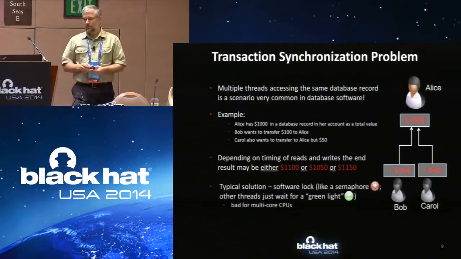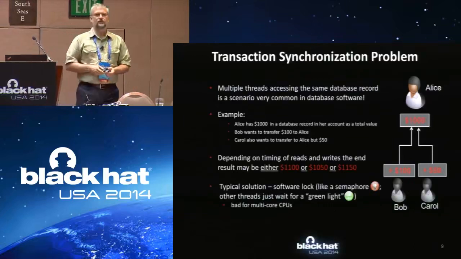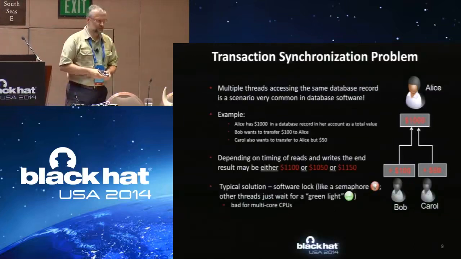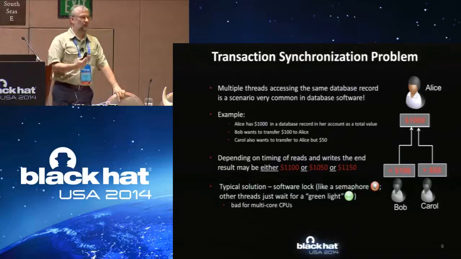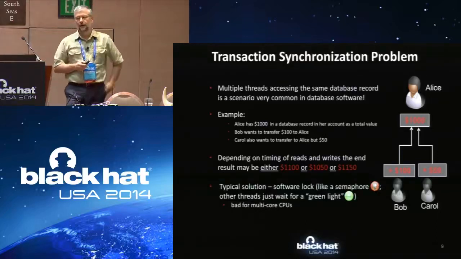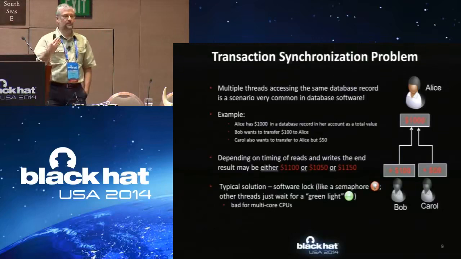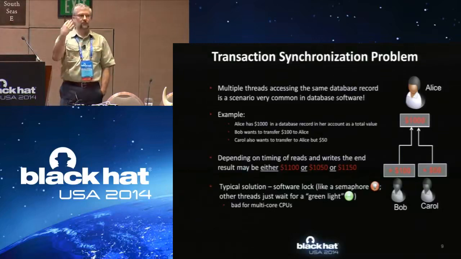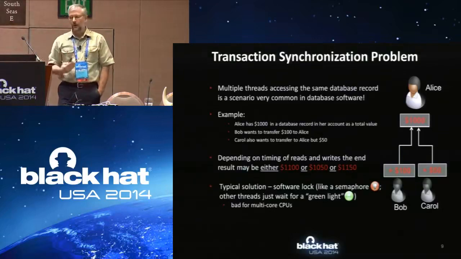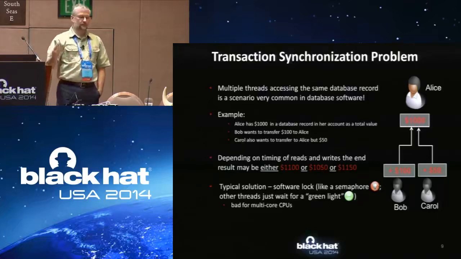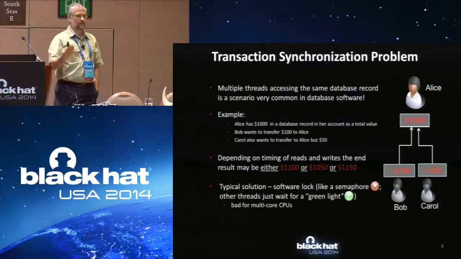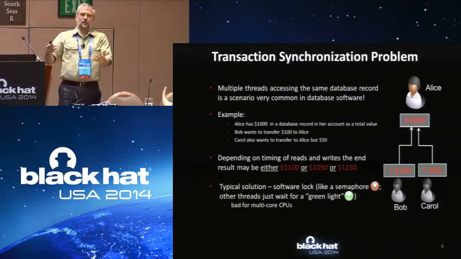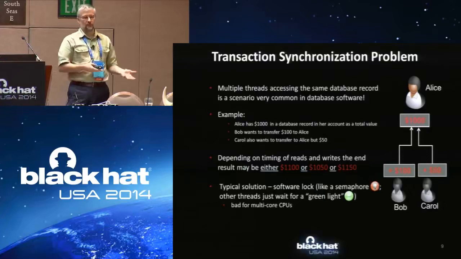To solve that problem, typically software is using locks. So basically, if one piece of software wants to modify an area of memory, they put a lock on it. It's like a semaphore. It can be red or green, and other threads wait, which is extremely bad for multi-core CPUs, because other cores essentially stall and wait for the first core to complete the operation.